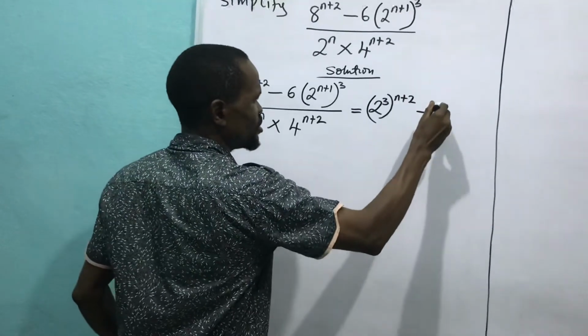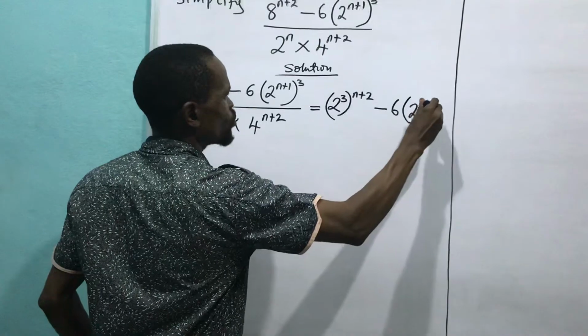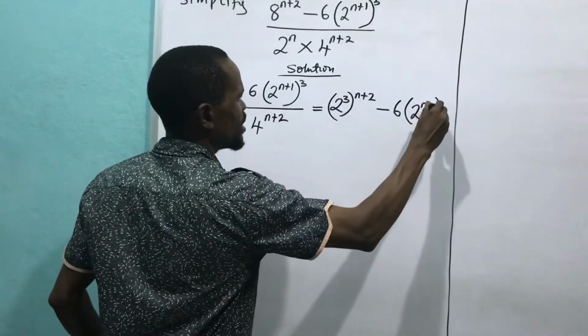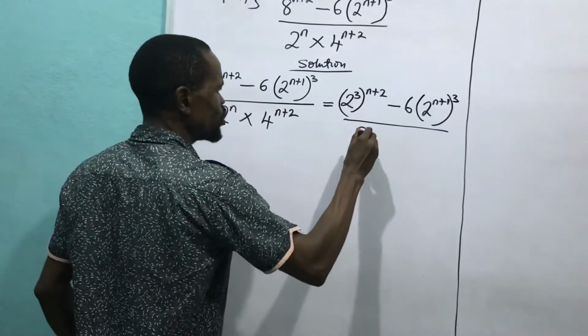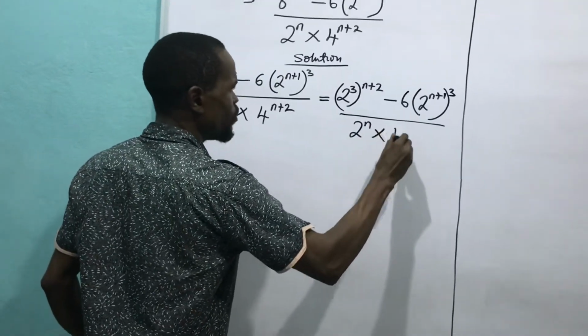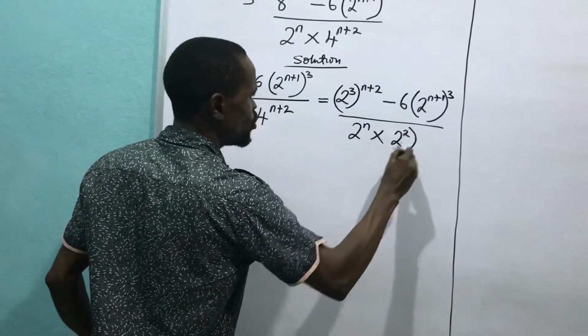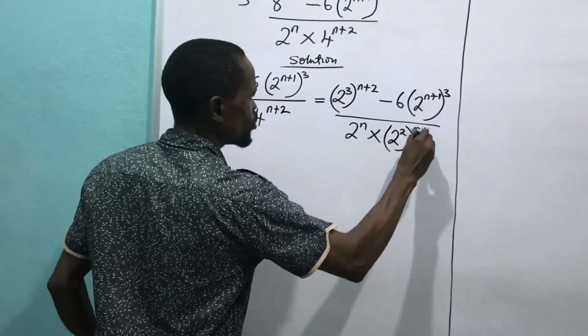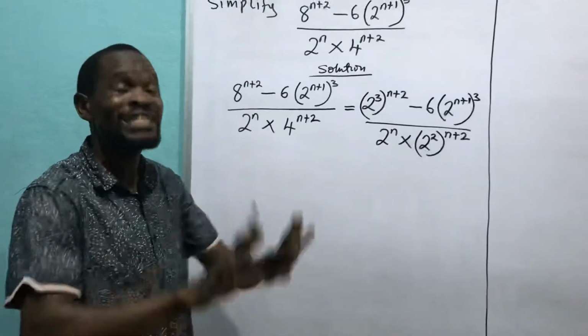Then minus 6 into 2^(n+1) all raised to power 3, all over 2^n times 4, which will be 2^2, closed, raised to power n+2. I have reduced each of these to its lowest base.